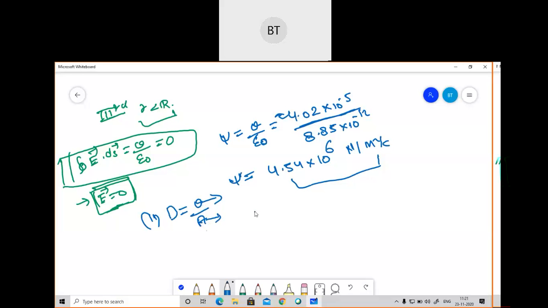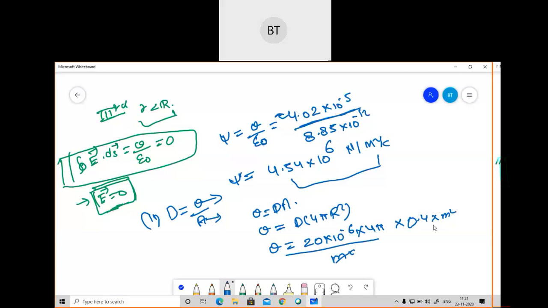So Q will be equal to D into A. They are asking you to calculate the value of Q. So Q will be equal to D into 4 pi R square, that is 20 into 10 to the power minus 6 into 4 pi into 0.42 meter square. So this will get cancelled, and we will get the value of Q equal to 4.02 into 10 to the power minus 5 C.